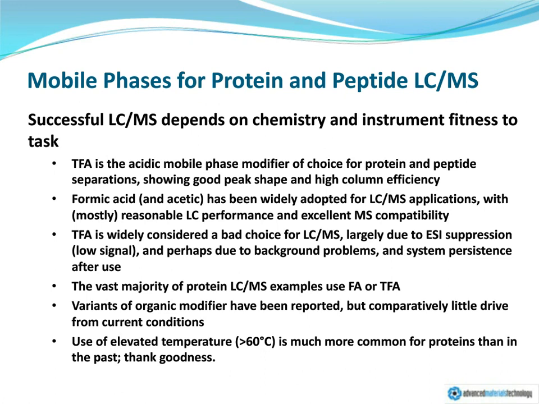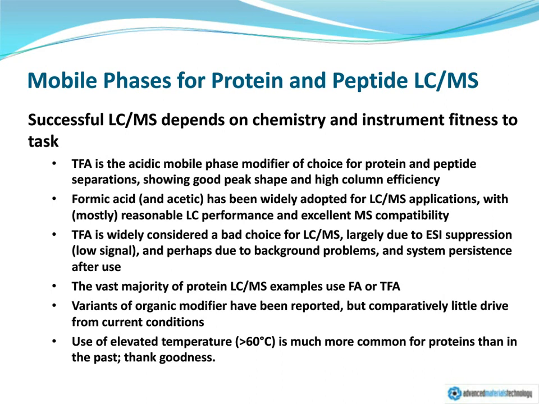So if we look at applications, particularly in reverse phase LC separations, trifluoroacetic acid as a mobile phase modifier greatly dominates analytical applications. And the reason for this is that it does show good peak shape and high column efficiency.